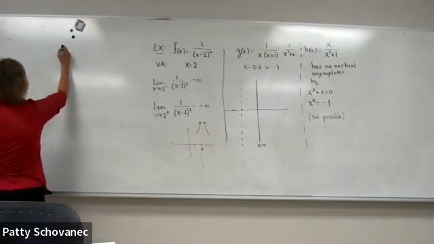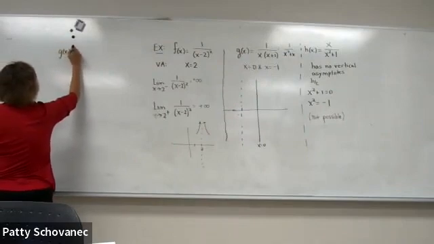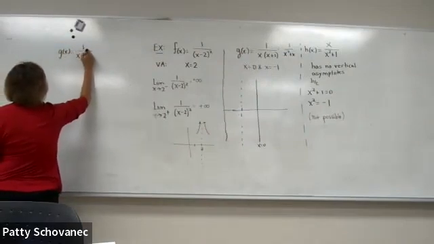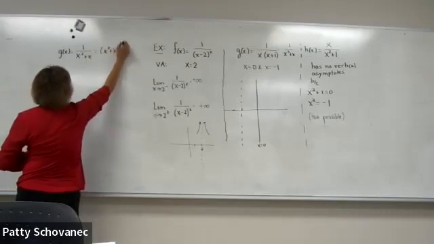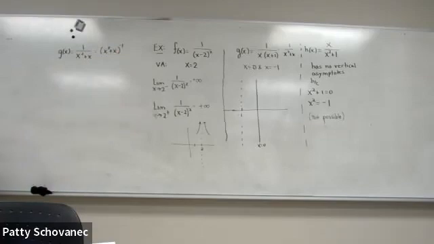So I'm going to look at g of x is 1 over x squared plus x, and I'm even going to write that like this so that I can take the derivative just with the power rule. I'm looking for critical numbers and where the graph rises and falls.